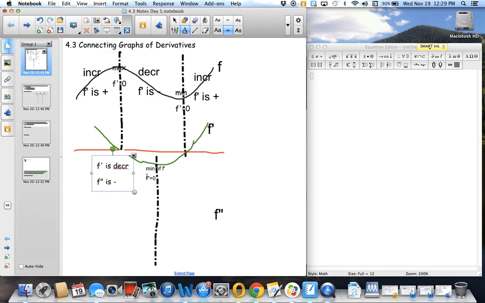Here to here, the derivative is decreasing, so I know our second derivative is negative. Now over here, all along here, our derivative is increasing, and so we know that our second derivative is positive. Okay, so that's all along this place right here.